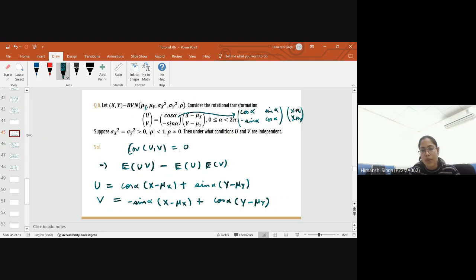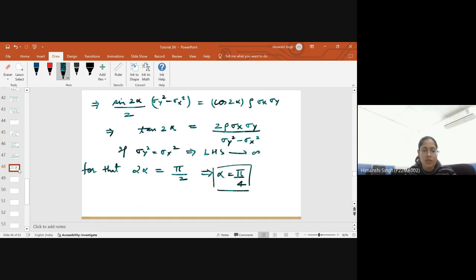If alpha is not pi by 4, then u and v cannot be independent. For u and v to be independent, the covariance should be 0, and by those conditions we found that alpha should be pi by 4.